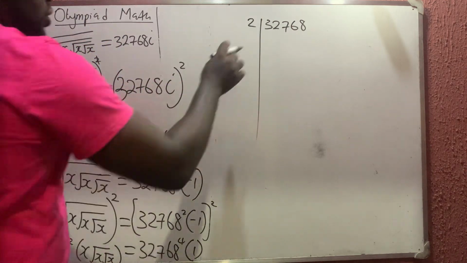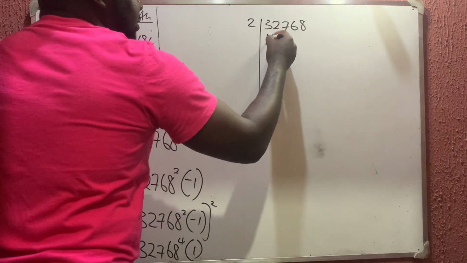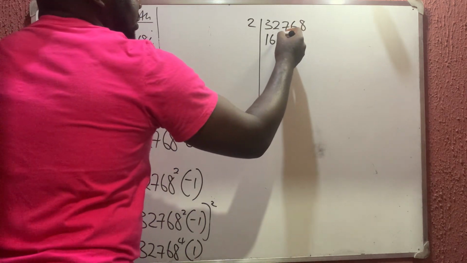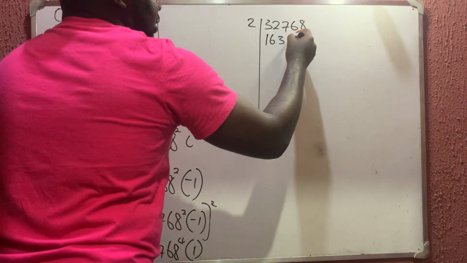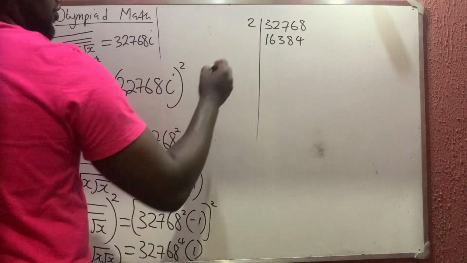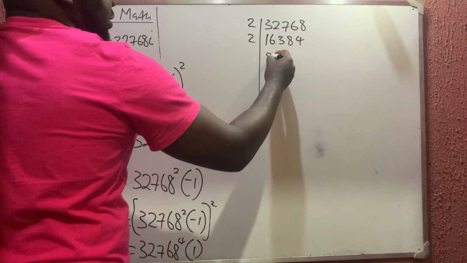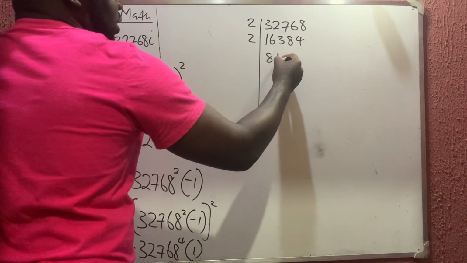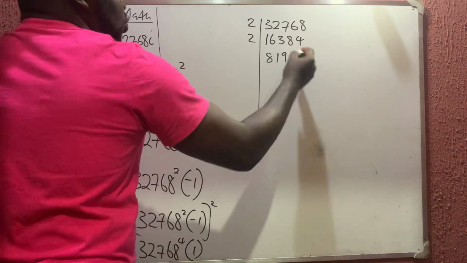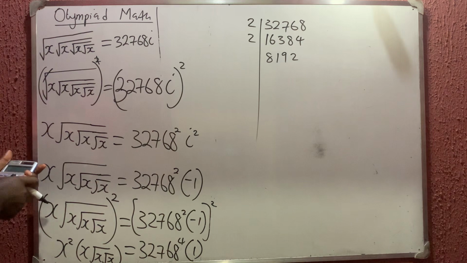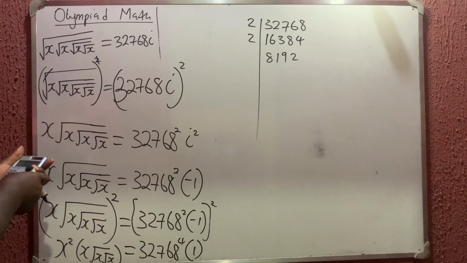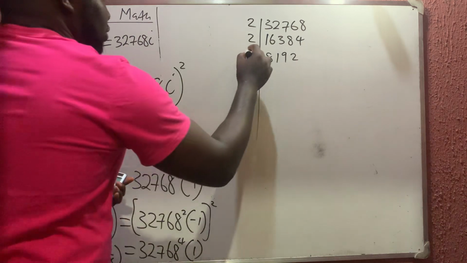So I'm going to have 2 into this is 16384, then 2 again, I'm going to have 8192, right? So let's have 32768 divided by 2, then divided by 2 again, then 2 again.